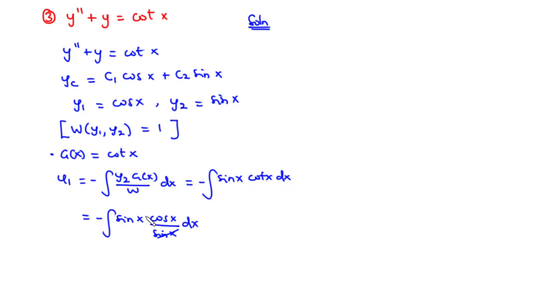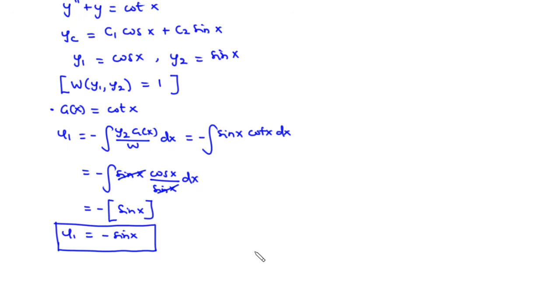We cancel out sine x and sine x. Now we want to integrate cos x, and that is equal to sine x. Ignoring the constants of integration, we have u1 equals negative sine x. So this is u1, negative sine x.